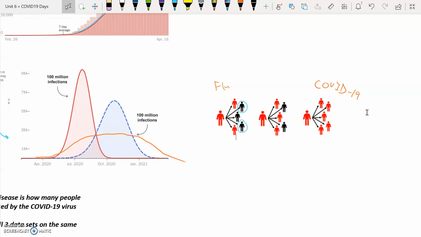And so that's why, unless we do something so that COVID spreads slowly like the flu, we would see this huge explosion in infections. It popped up all of a sudden in January. Instead of being spread out, COVID would be happening in a very short span of time. And nobody has immunity to it.